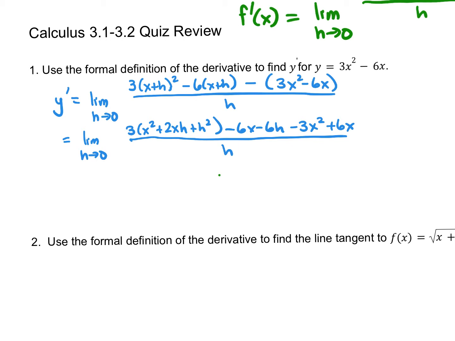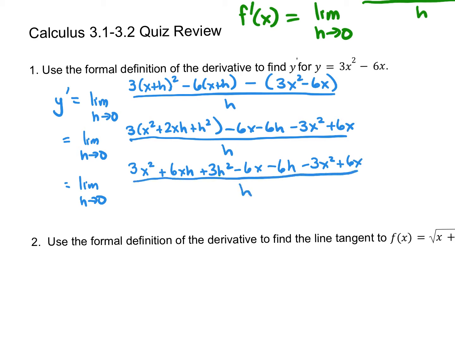So once I FOIL the (x plus h), I also have that 3 I have to take into consideration. So I'll take the 3 through that, so 3x squared plus 6xh plus 3h squared minus 6x minus 6h minus 3x squared plus 6x all over h.